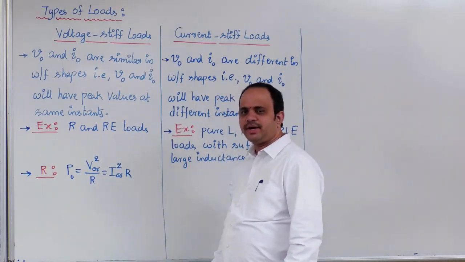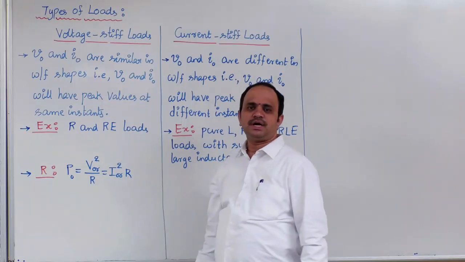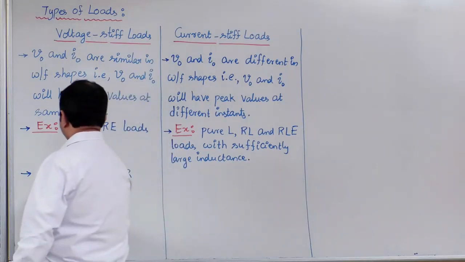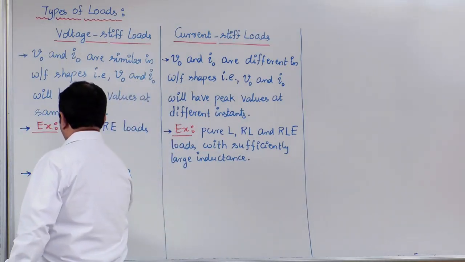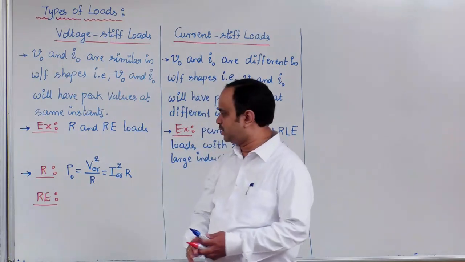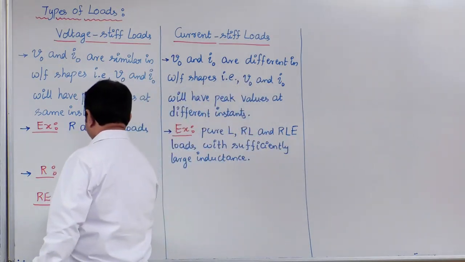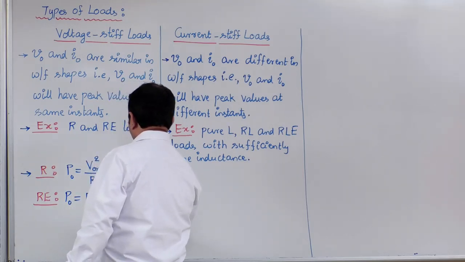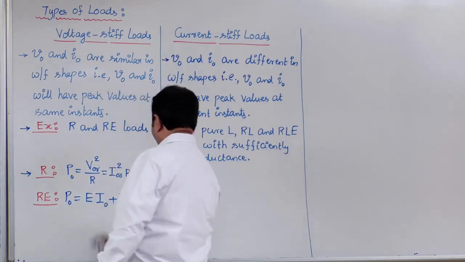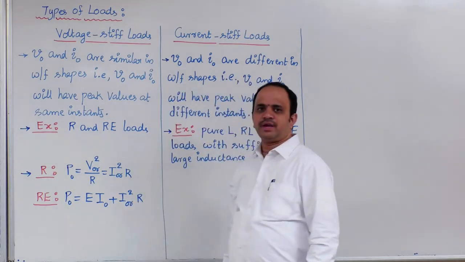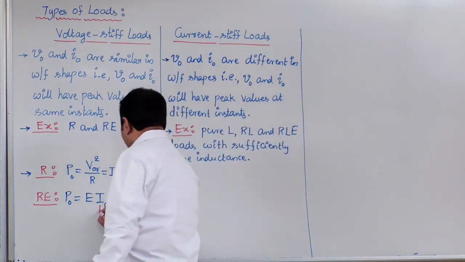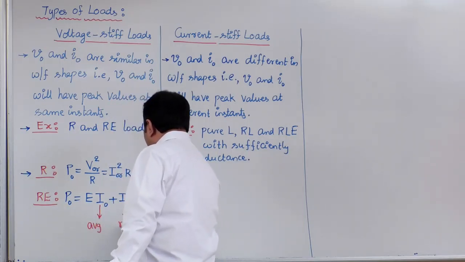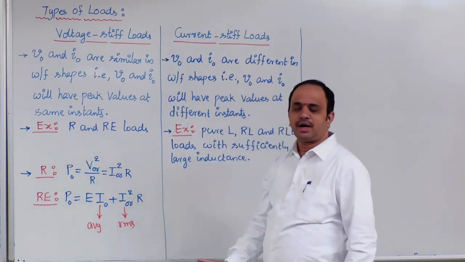VOR square divided by R. In other words, IOR square multiplied with R. Whereas, if you are dealing with RE load, then output power can be calculated with E into I naught plus IOR square into R. In this particular case, this I naught is average value, this IOR is RMS value.